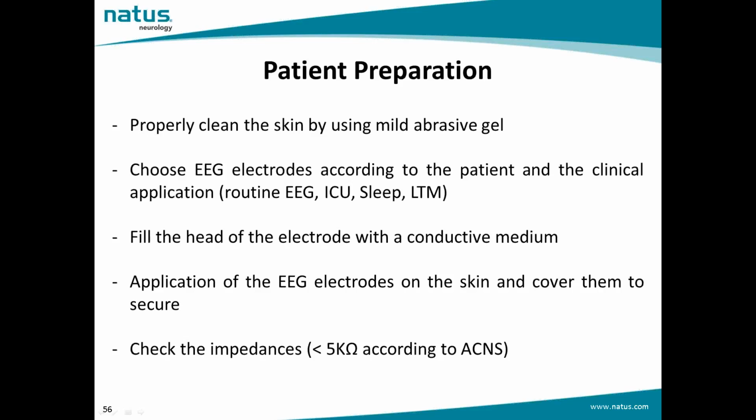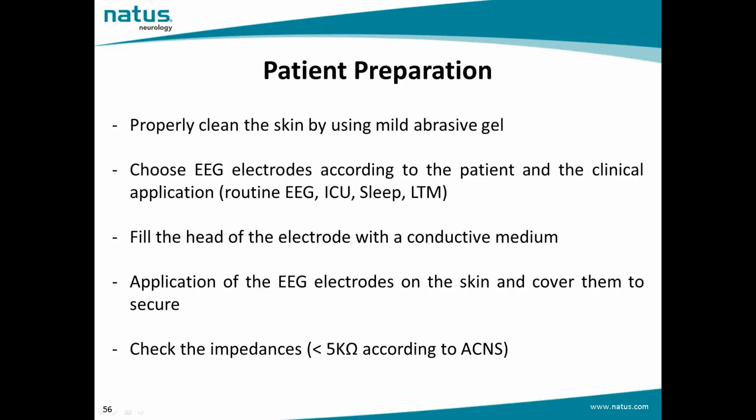For instance, the consideration of disposable electrodes should be evaluated for use on critically ill patients. In addition, we can choose from different types, material, and size of electrodes. For instance, we can use gold, silver chloride electrodes for adults or for infants.